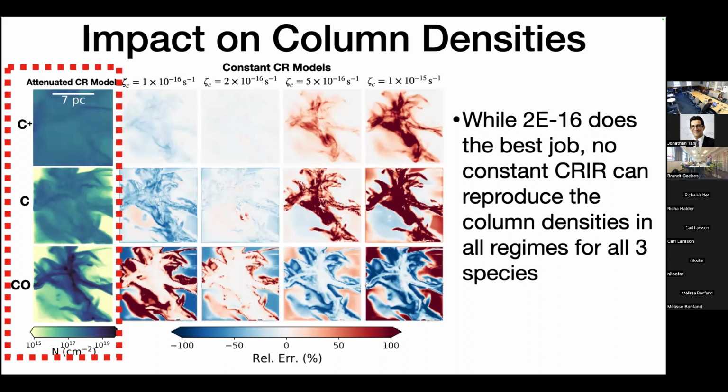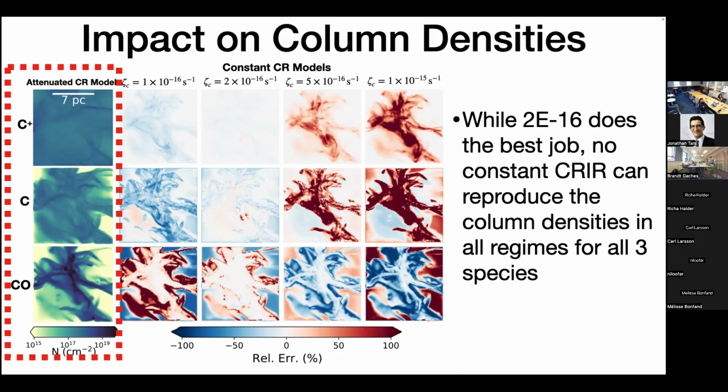And then in the colors, this is the relative error in the calculated column density if you assume different constant ionization rates throughout the whole cloud. If you look at, for instance, C+, if you go too high, you end up overproducing C+ in the dense gas. If you go too low, you're underproducing it at intermediate densities. But maybe 2 times 10 to the -16, it's just right. It looks pretty white, it's pretty clear.